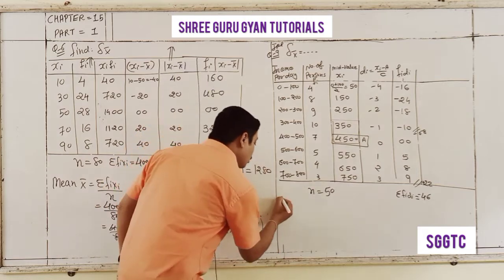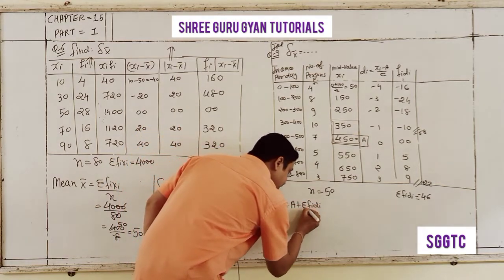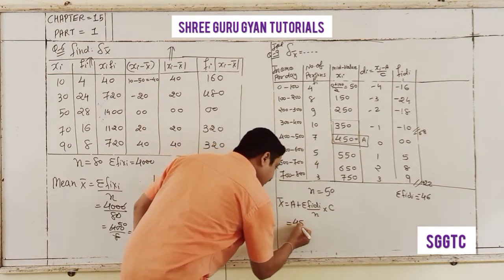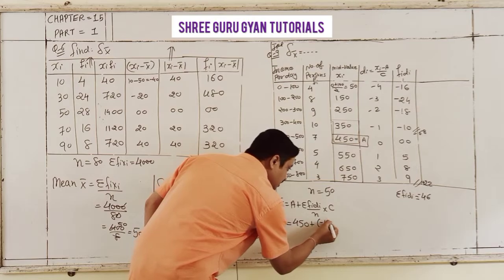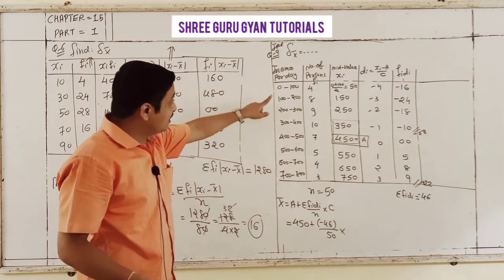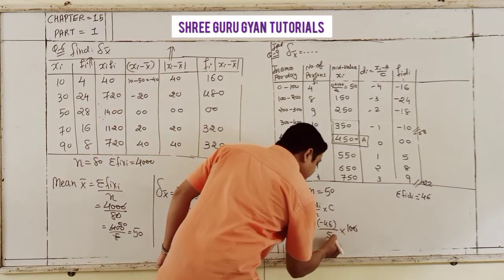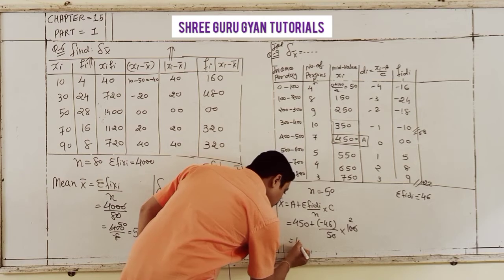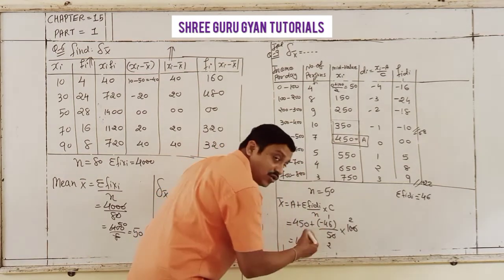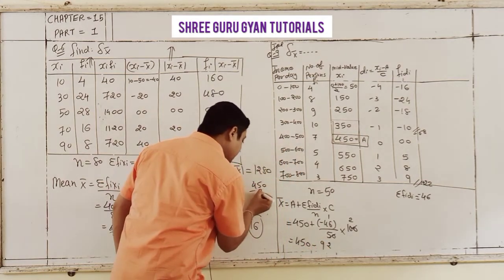Now the main formula: a plus sigma fi di upon n into c. I have a as 450, sigma fi di is minus 46, n is 50, and c is the class length. How much is the class length? It is 100. The 2's cancel. So 450 minus 92.